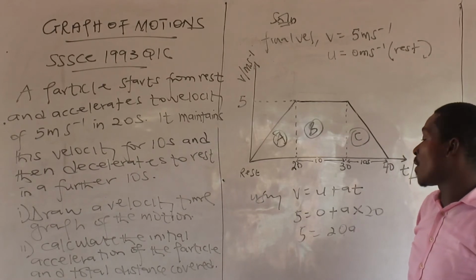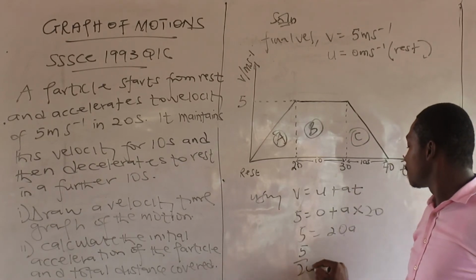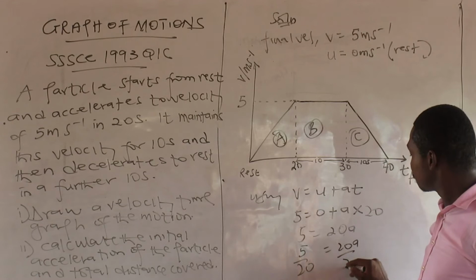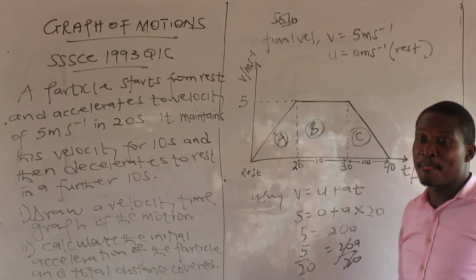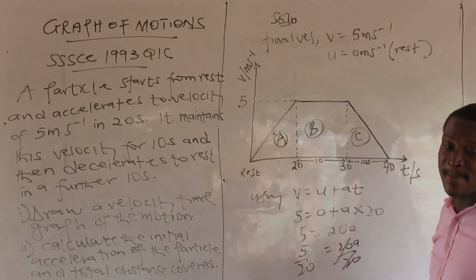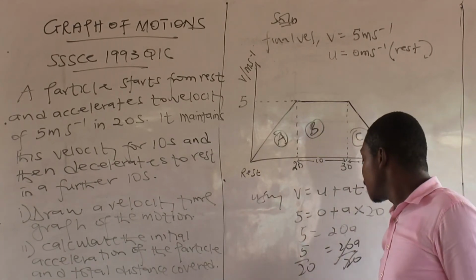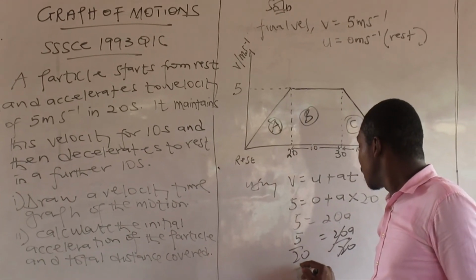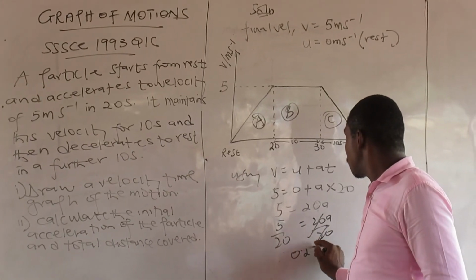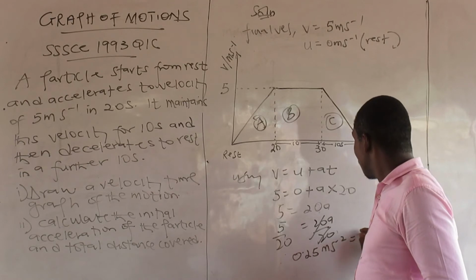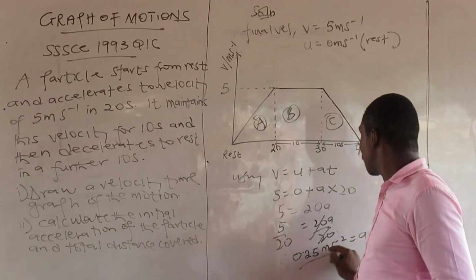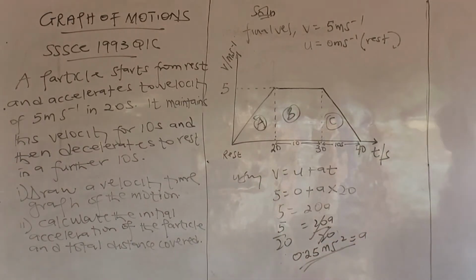So 5 over 20, what are you going to get? 0.25 meter per second squared equals acceleration. So that is it.